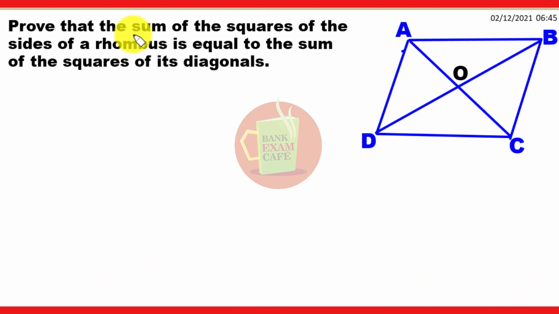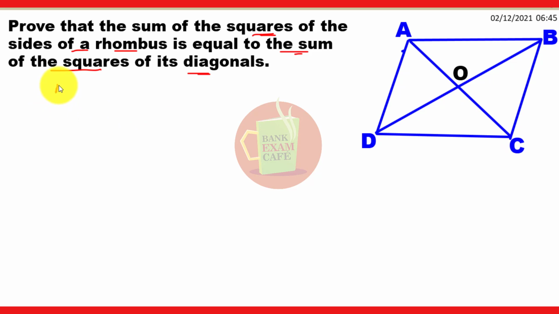Now here is a question: prove that the sum of the squares of the sides of a rhombus is equal to the sum of the squares of its diagonals. Friends, we have to prove that the sum of the squares of the four sides of a rhombus is equal to the sum of the squares of the diagonals.